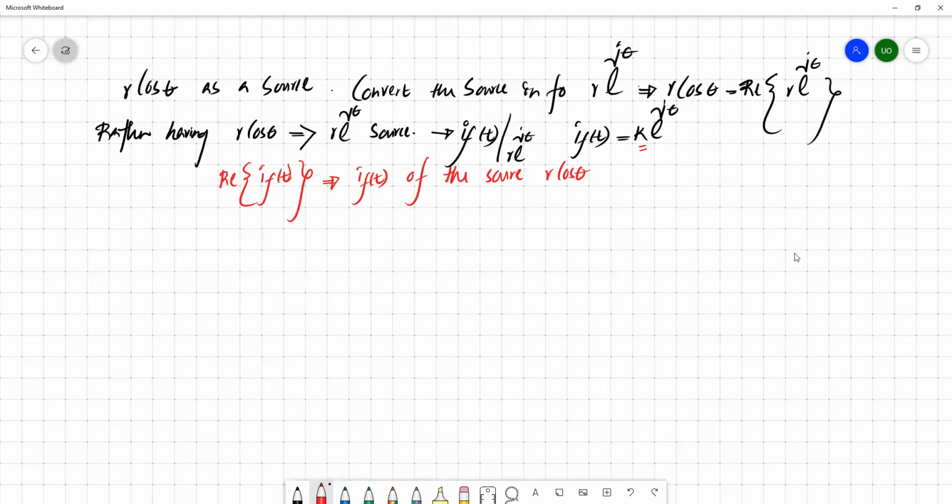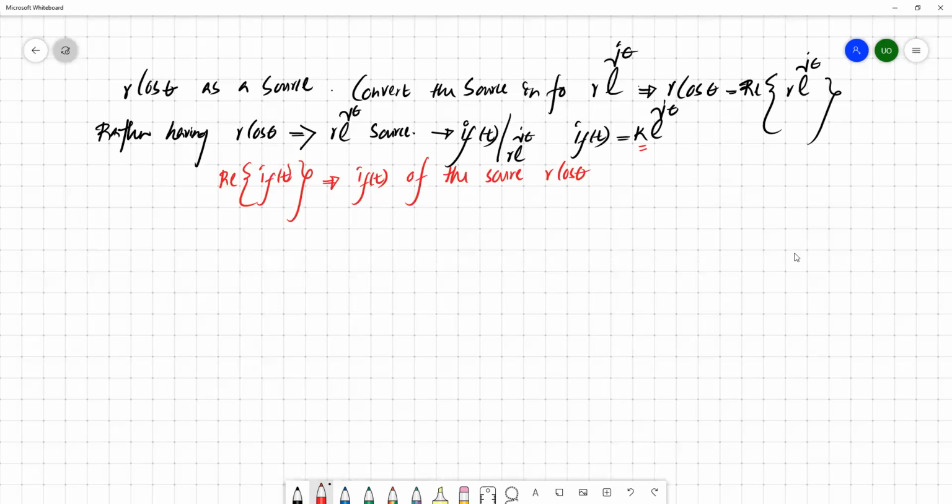The real advantage here is we can easily find the solution because this trial solution is a complex exponential one, and we need to find only a single unknown constant.